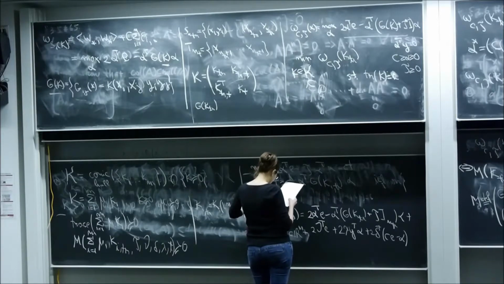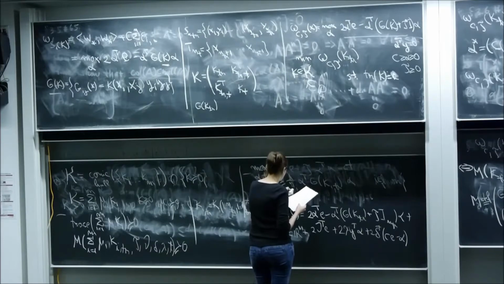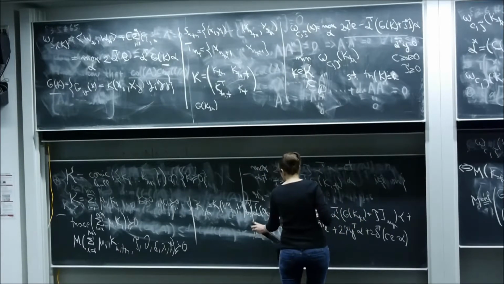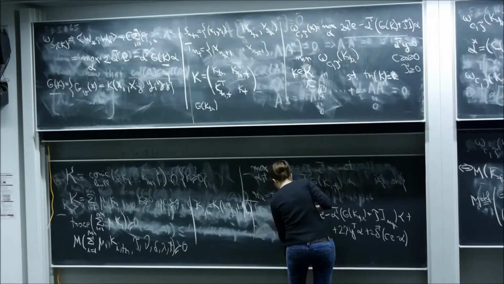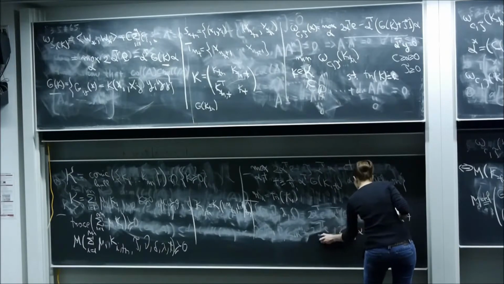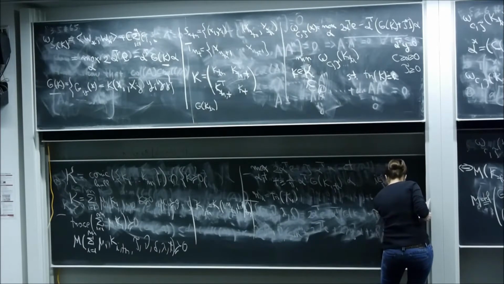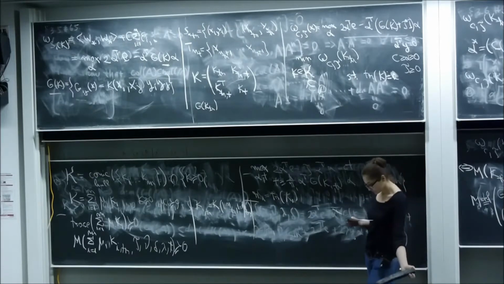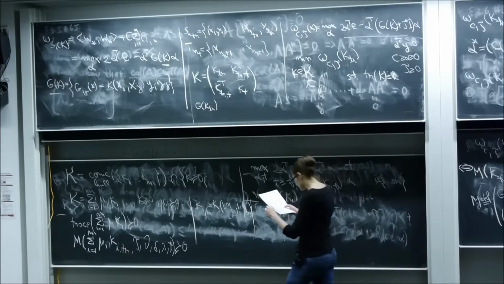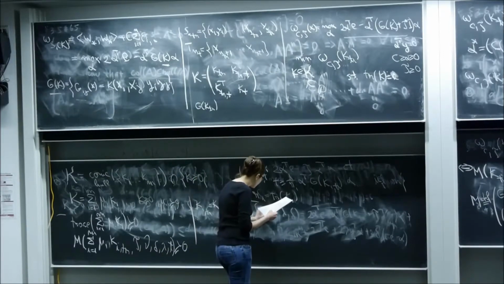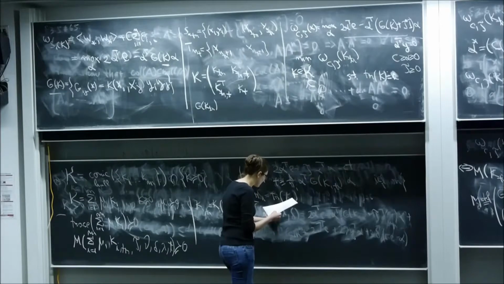These Ri things are just the traces of the kernel functions. So this QCQP formulation holds only when I actually have conic combinations.